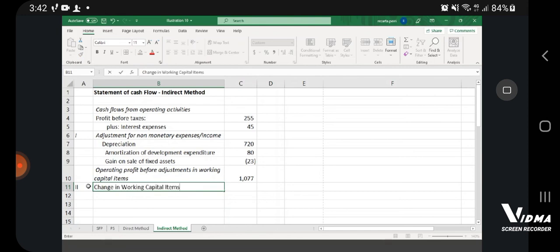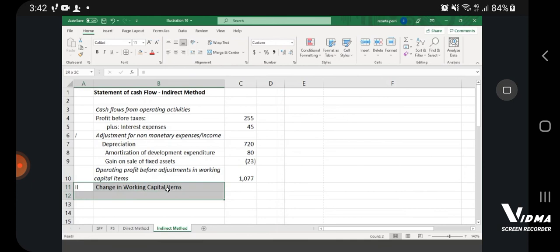Now, what are working capital items, guys? Working capital items are items in the current assets and current liabilities that affect the operating activity. So again, working capital items, maybe I have to write that there in a note.